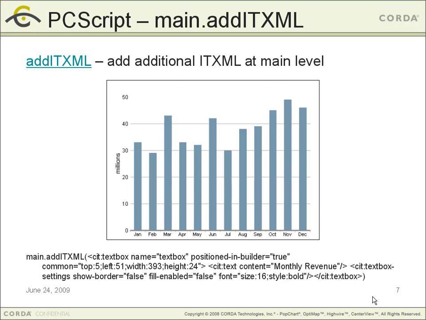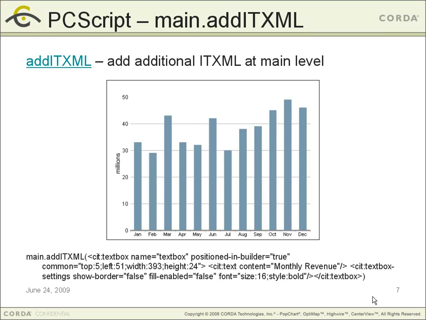In this case, we have a graph in our image template, and we would like to add a text box up at the top of this graph. You'll notice down at the bottom in our add ITXML, we're adding a text box with the name of text box. It is positioned with the top left and the width and height. And the text content says monthly revenue.